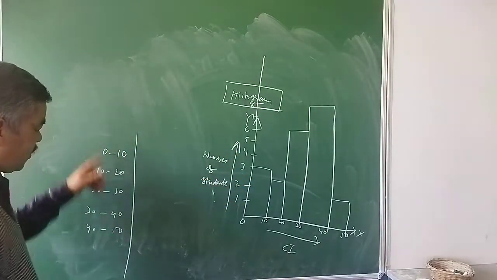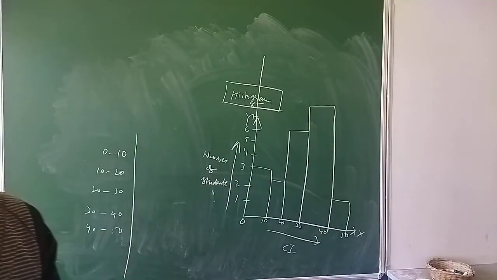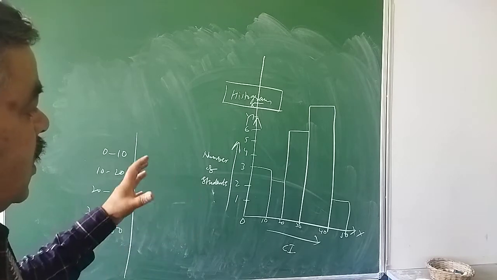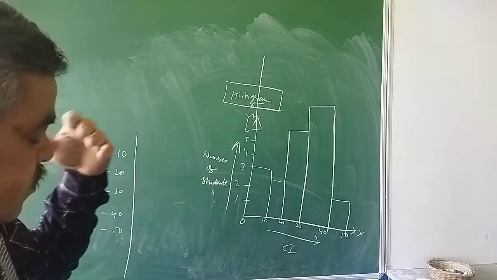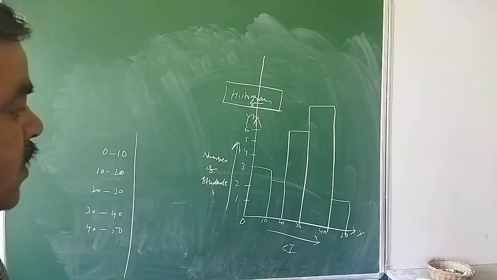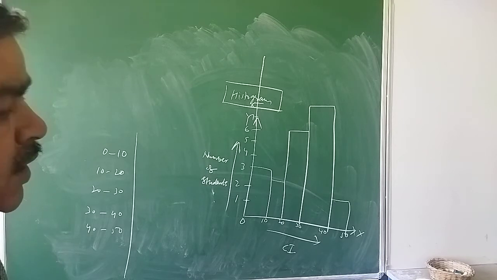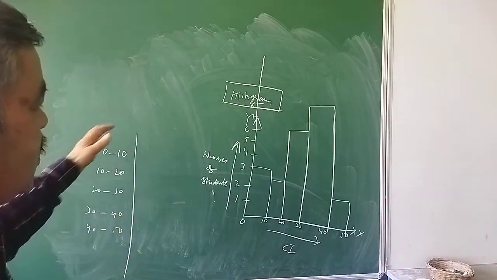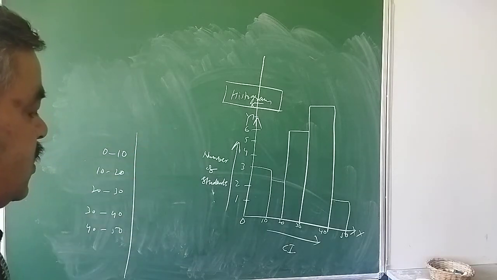So a test of 50 marks was conducted in a class, and we represent the data by histogram to show the marks scored by the students.